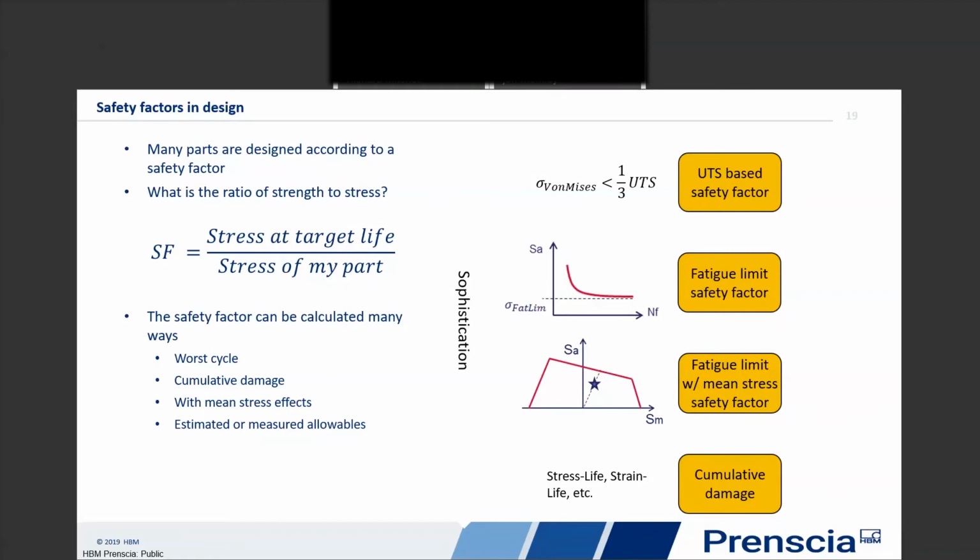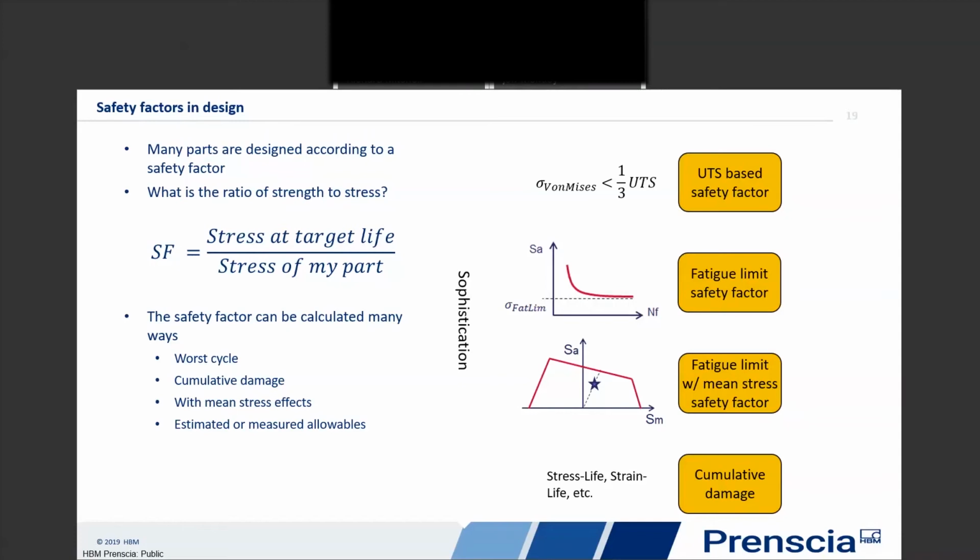Those factors of safety could be brought into calculations that not only look at the stress level, but the mean stress. So the third approach here, I'm going to one of those Haigh diagrams that not only includes the size of the cycle, but the mean stress impact as well, and using that as my calculation.